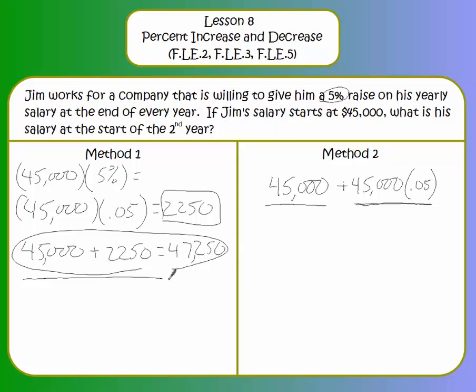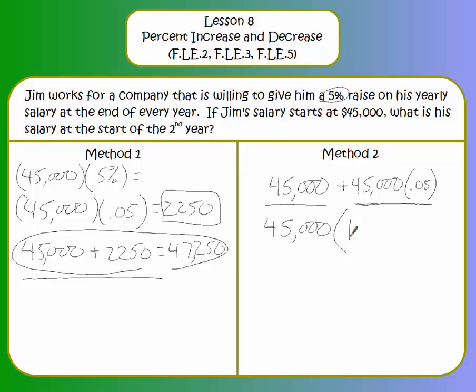But let's break this apart a little bit. If I take this equation and I factor out a 45,000 from each of these terms, what I would have is 45,000 times, what gets me 45,000? And the answer is 1, right? Anything times 1 is just itself.